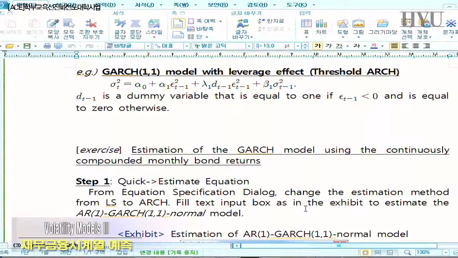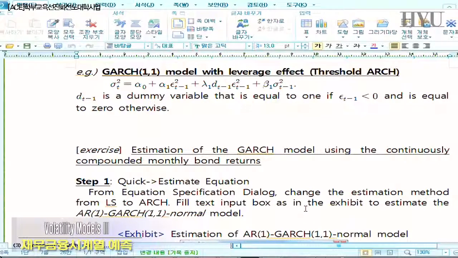So if the previous shock was negative, this becomes 1, and if this is a non-zero coefficient, then the effect will be not alpha 1, but alpha 1 plus lambda 1. If the previous shock was positive, then this indicator variable d is 0, so it drops out, and only this one remains.